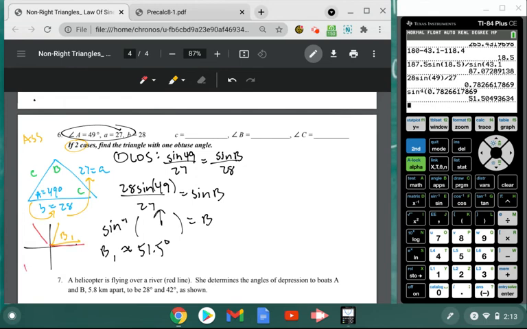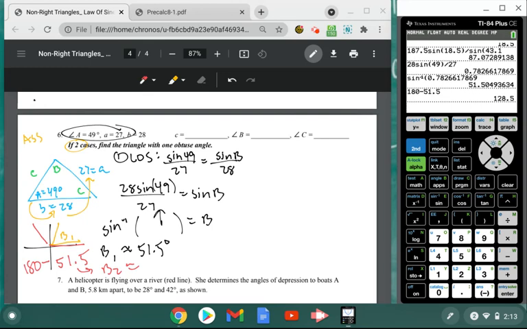And that one's going to be 180 minus the value I just found of 51.5. The obtuse case is the one that we want. So B2 is equal to 180 minus 51.5, 128.5.